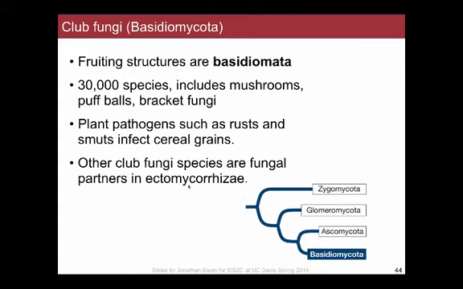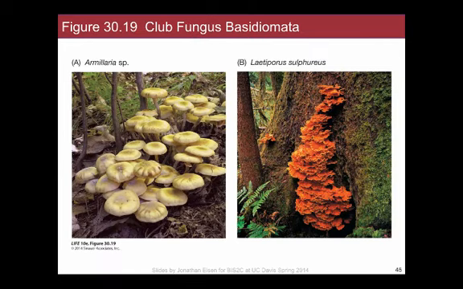Mycorrhizae is basically fungal root, or generally we use this for fungi that are associated with the roots of plants. And there's this particular type, ectomycorrhizae, in this group. So here are some standard club fungi pictures.